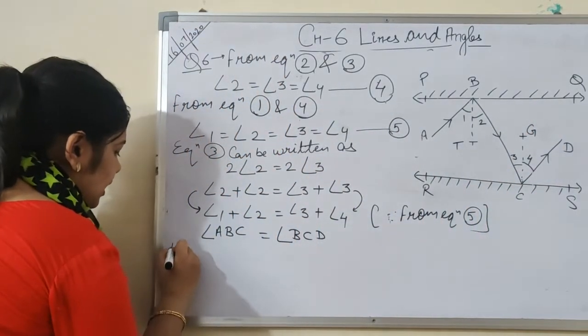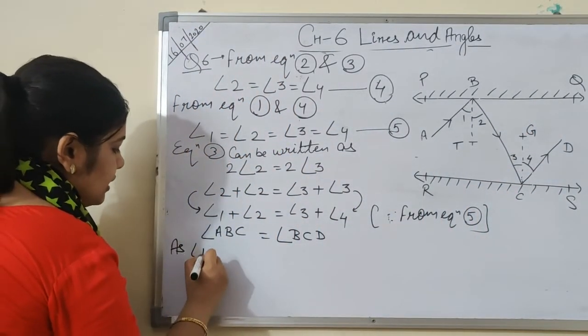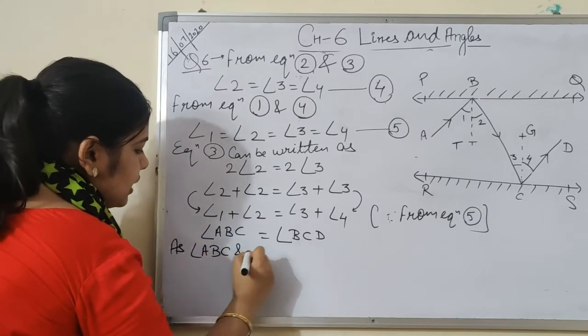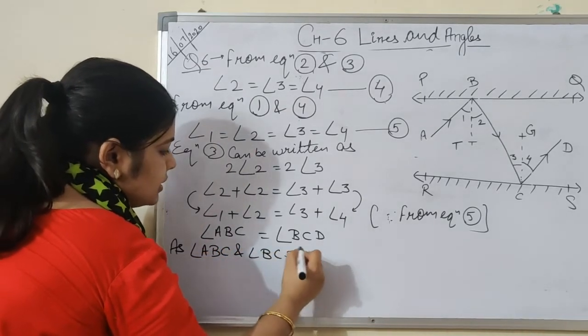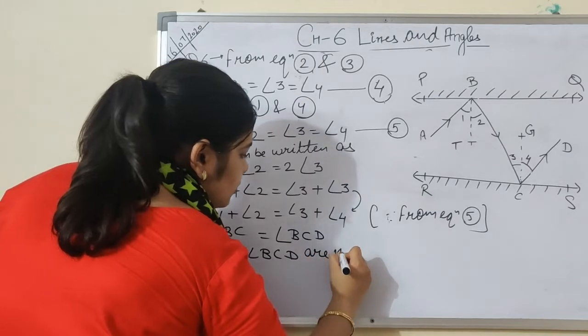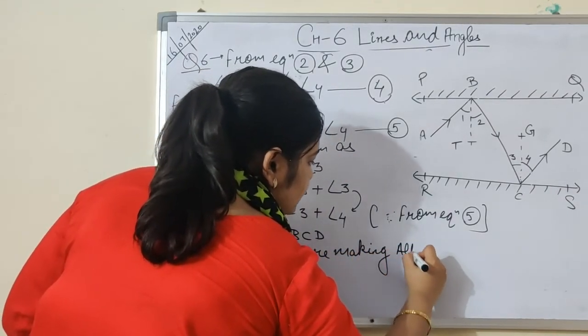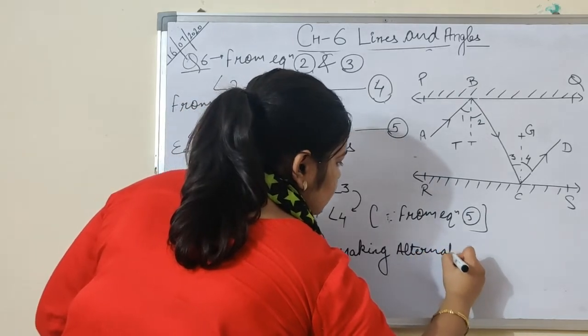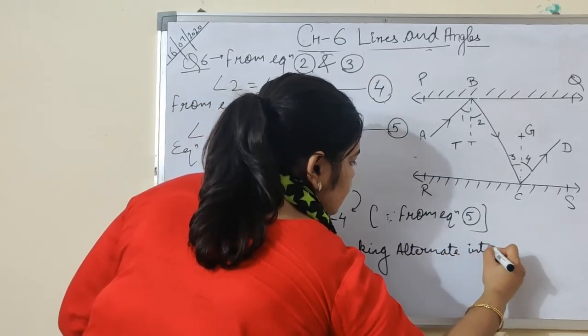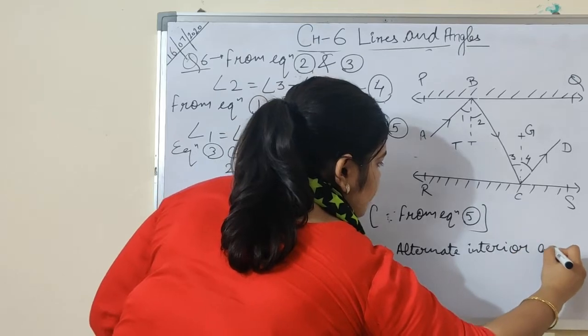So I am writing as angle ABC and angle BCD are making alternate interior angles.